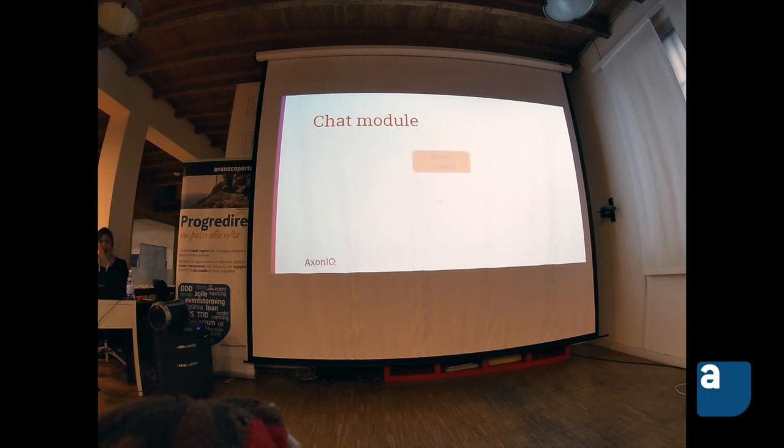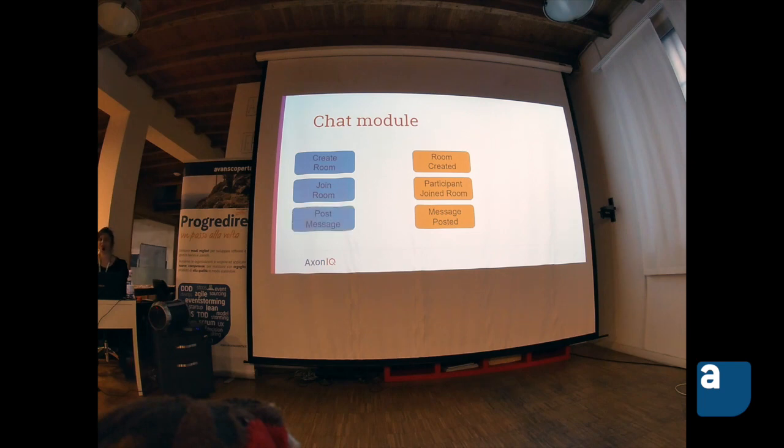Let's analyze, for example, the room created event that is generated from the create room command, the participant joined room event generated from the join room command, and the message posted event generated from the post message command. All these commands are handled by the chat room aggregate, which is responsible for generating these events.